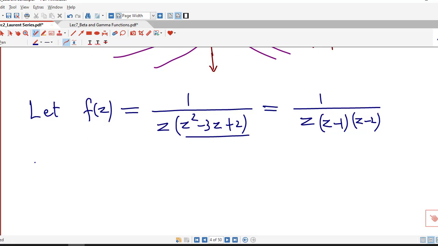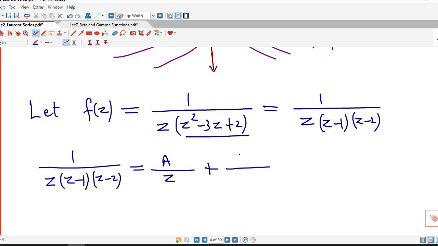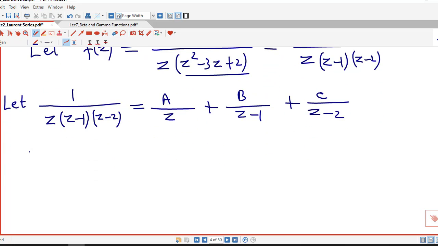So first I represent it as a sum of partial fractions. So this we can write as a divided by z plus b divided by z minus 1 plus c divided by z minus 2.